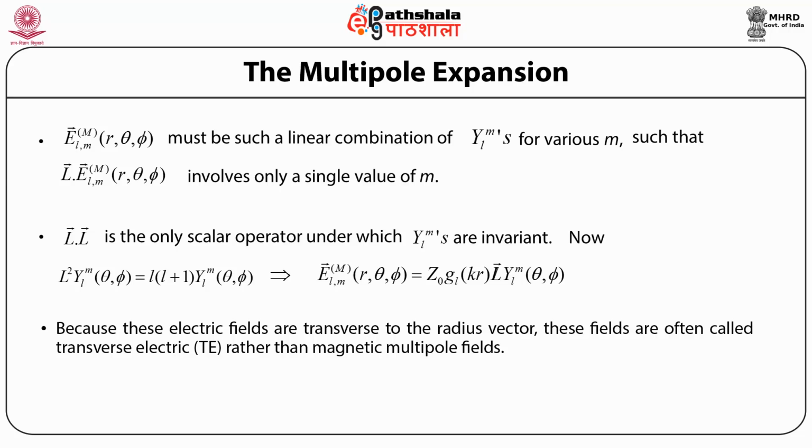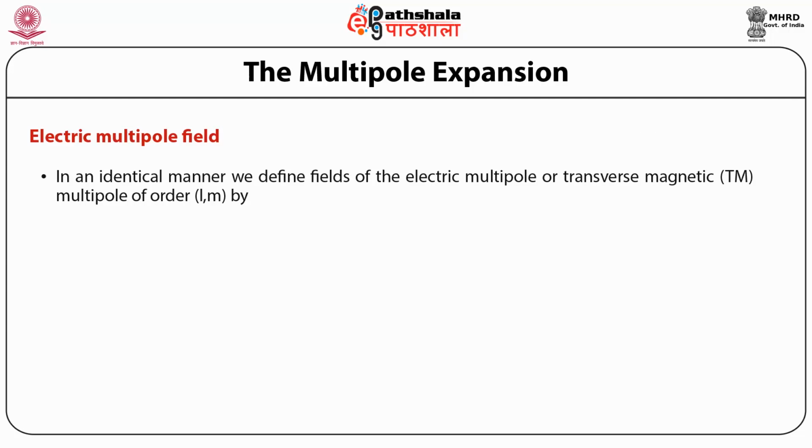Now because these electric fields are transverse to the radius vector, these fields are often called transverse electric rather than magnetic multipole fields.